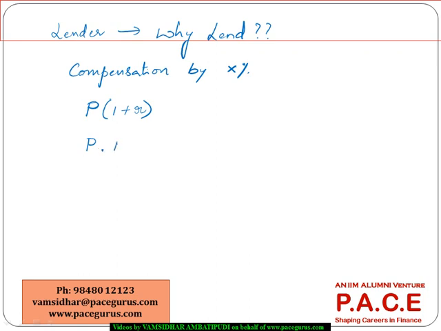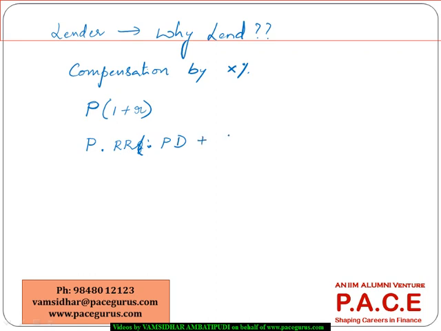I can get the recovery rate times the amount P. Whatever is the P, in case he is defaulting, I'll get the recovery rate percentage of that. And the chance of my getting that is nothing but the probability of default.